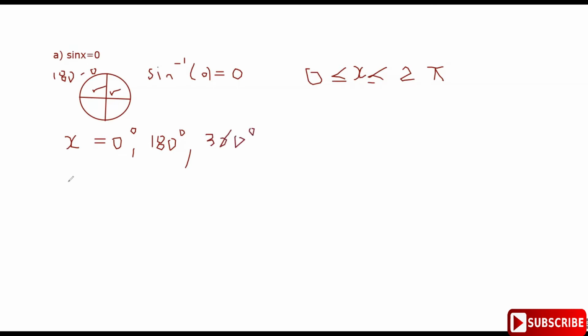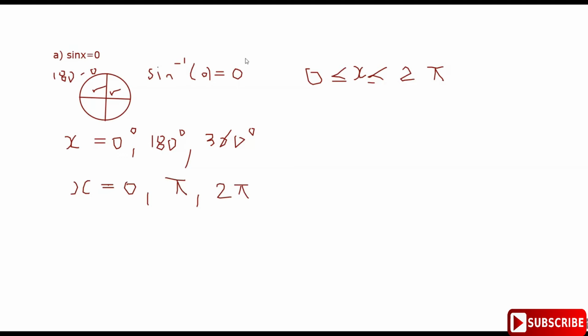So all the possible solutions are x equals 0 or x equals pi. This is writing it in radians. x equals 0, x equals pi, or x equals 2 pi. These are the answers. Nice and easy.